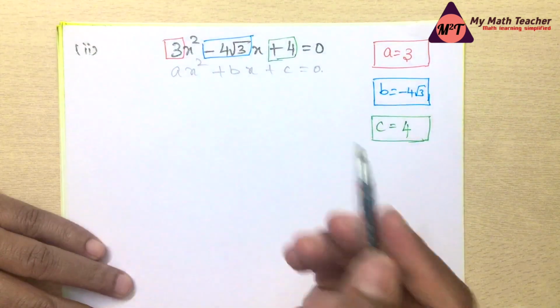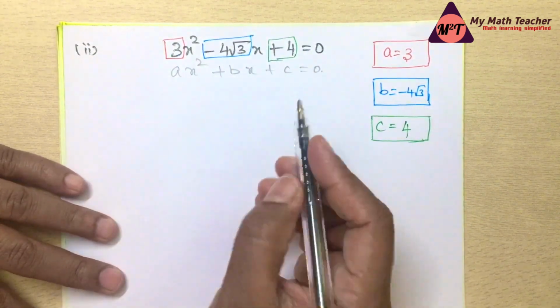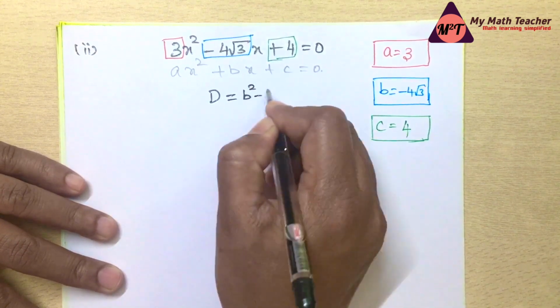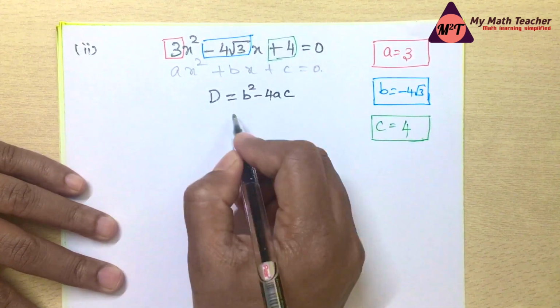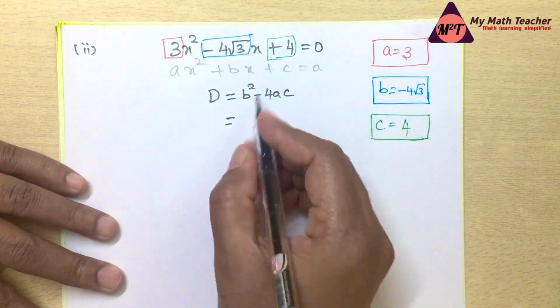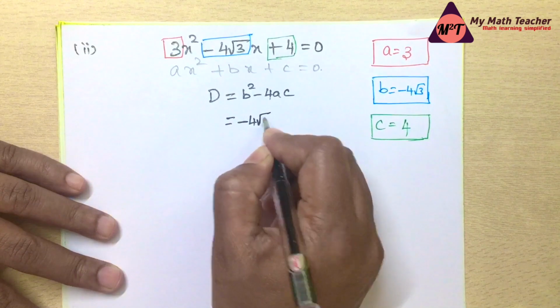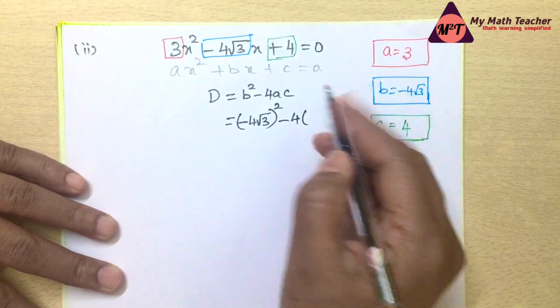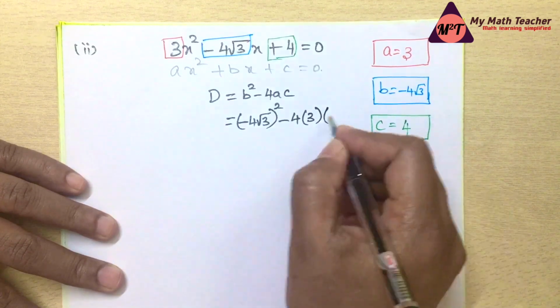Let us apply the formula to find the nature of the roots. Discriminant D is equal to b square minus 4ac, which is minus 4 root 3 the whole square minus 4 into a is 3 and c is 4.